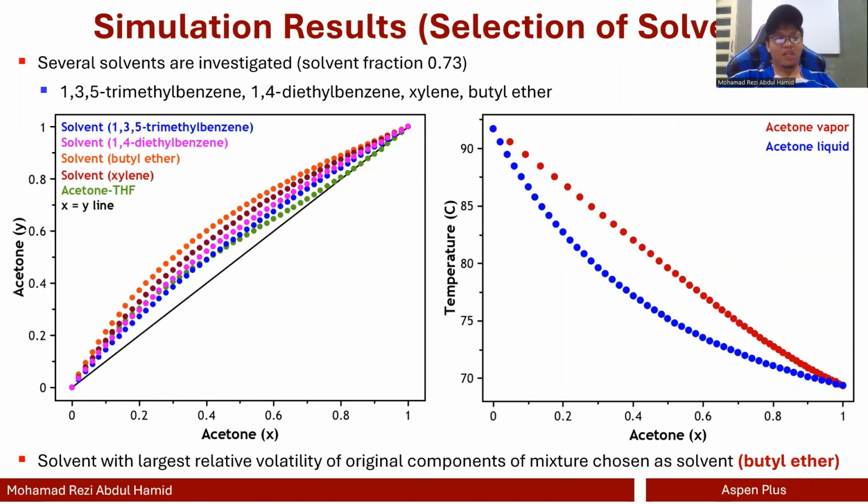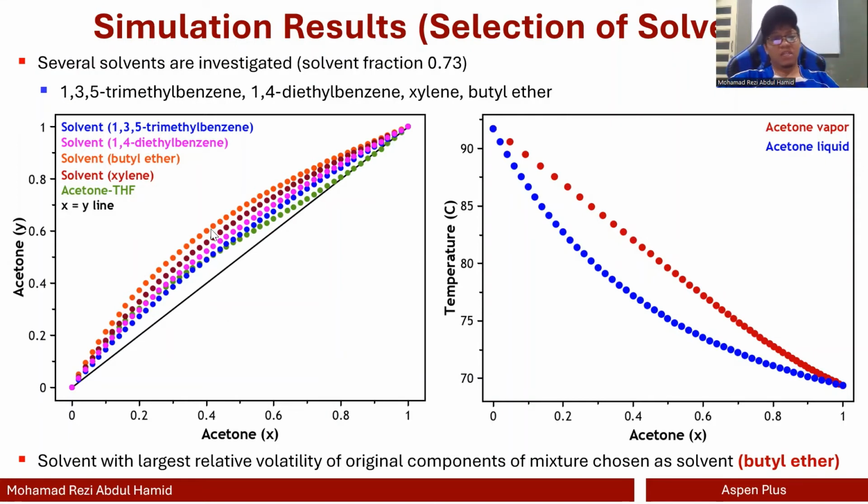Now, why did I choose xylene? Oh no, I'm sorry. Why did I choose butyl ether here? As you can see here, when we use butyl ether, it provides us with the largest volatility increase when compared to other components. So based on this, I decided to choose butyl ether. Not I, but the paper.